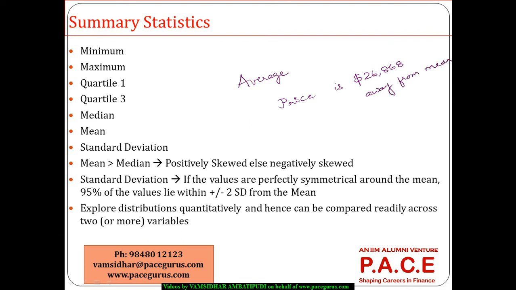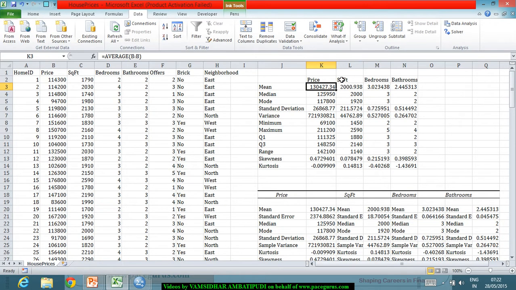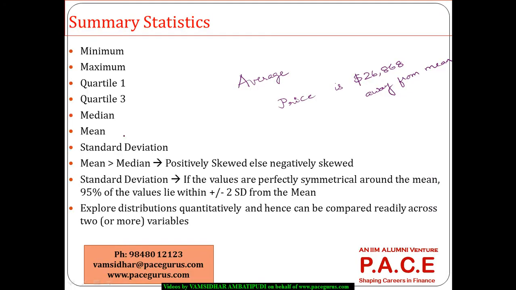See, the mean is around 130,000. But if you look at this price, it's not 130, it is almost 16,000 lesser. Even this is 16,000 lesser. Even this is 16,000 lesser. Whereas this is 36,000 lesser. So different elements are lesser by different amounts.